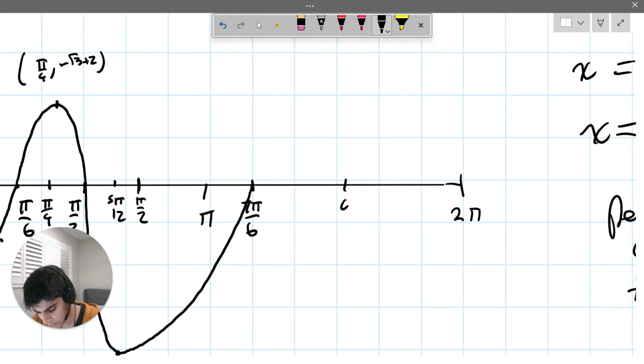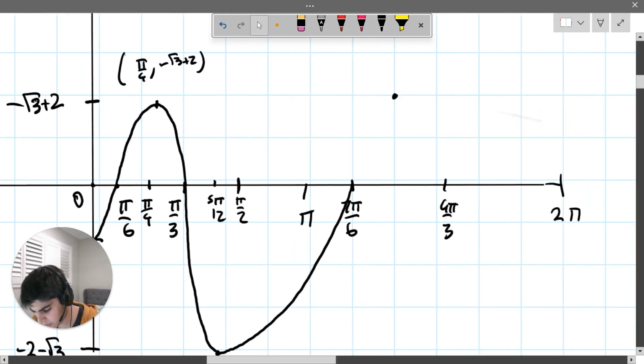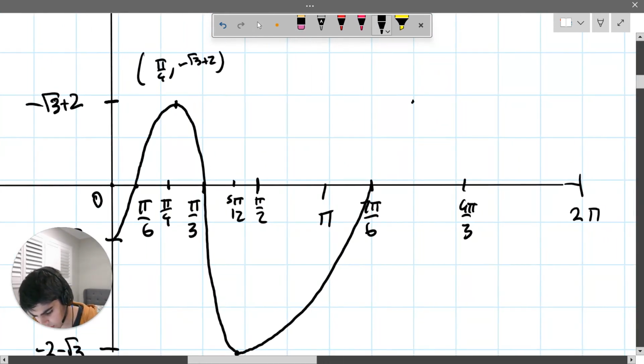Let's make this here. And the maximum point is around here.